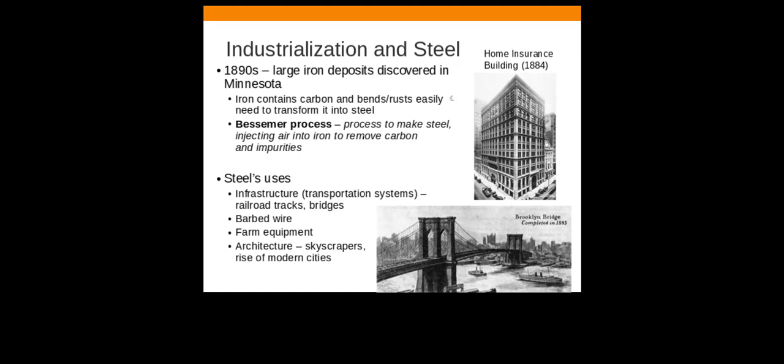So we have this need to transform that iron into steel. So there was a creation called the Bessemer process, which was the process used to make steel. It injected some air into the iron to remove carbon and any impurities. And because of this process, we now have created steel.